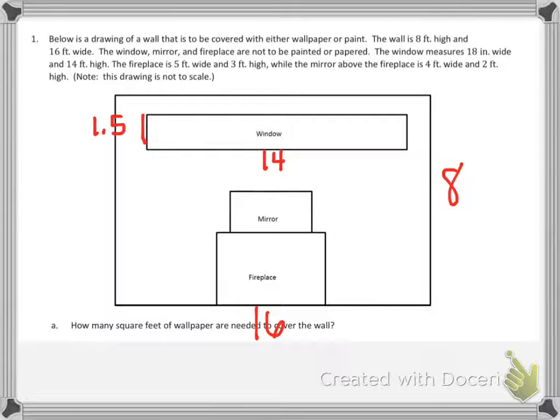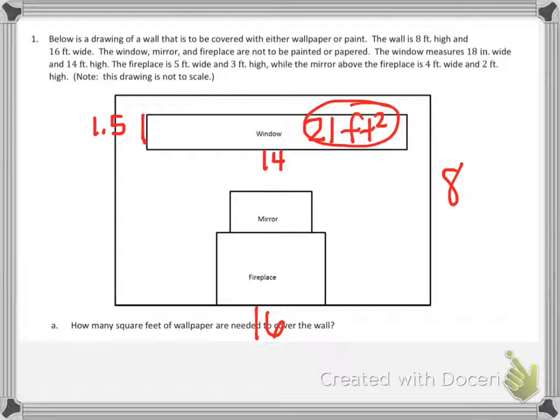And then we can calculate the area of the window, which I'm going to just do right now. So 14 times 1.5 is 21. That's 21 square feet for the window. And then the mirror, let's see, we've got the window.